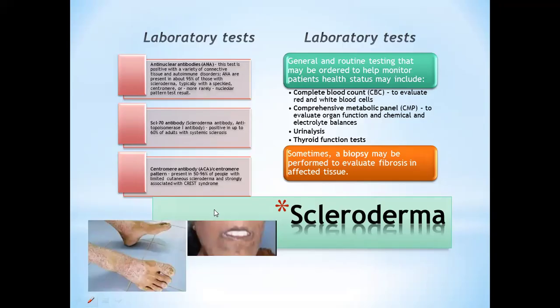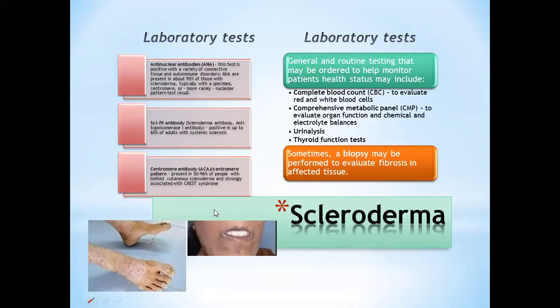Sometimes a biopsy may be performed to evaluate fibrosis in affected tissue. Very important to check antinuclear antibodies. This test is positive with a variety of connective tissue and autoimmune disorders, present in about 95% of those with scleroderma, typically with a centromere or more rarely nucleolar pattern test result.